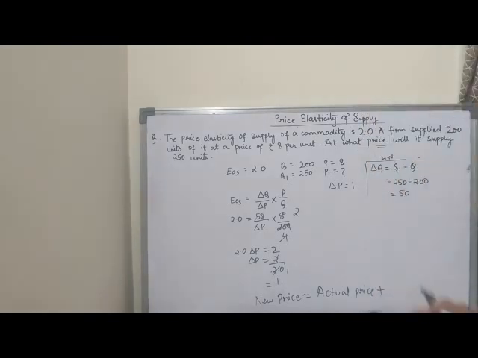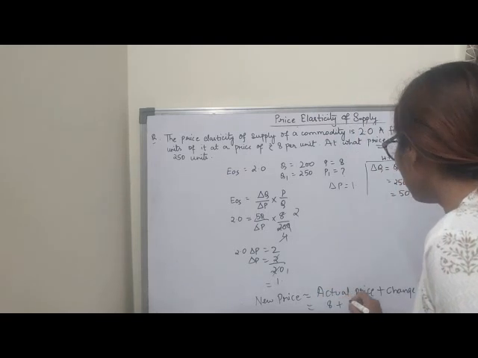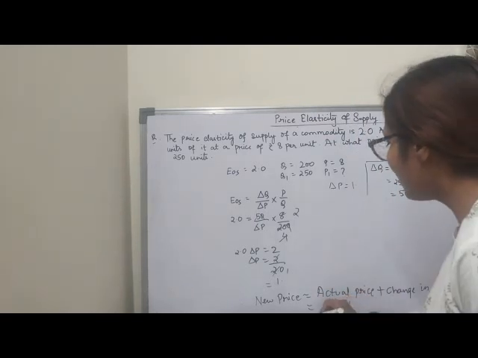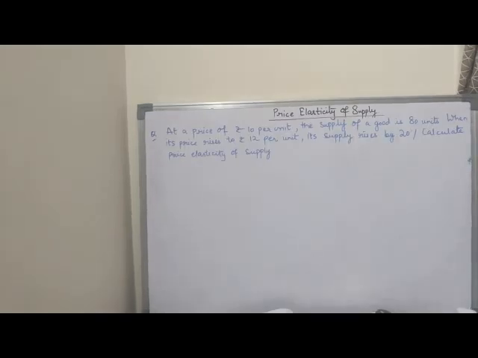See, actual price is what? Actual price is 8 plus change in price. So change in price is how much? Actual price is 8 and change in price is 1. So 8 plus 1 is 9. So this is my last price, the new price, where you can see the answer. Clear children? Now children, we will solve the other question.